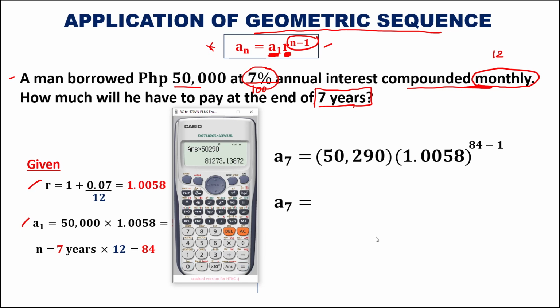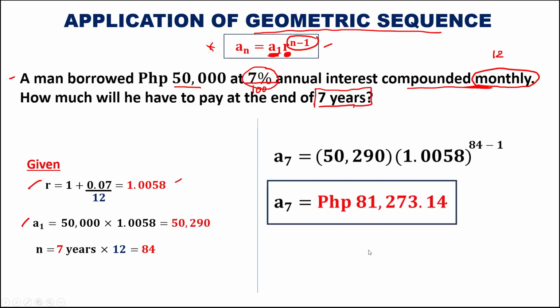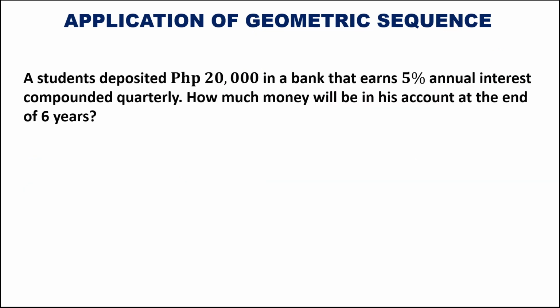So the amount in 7 years is 81,273.14 pesos.